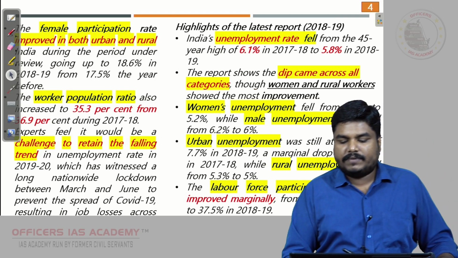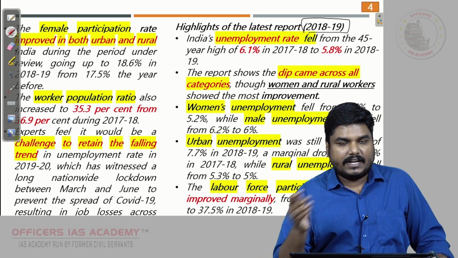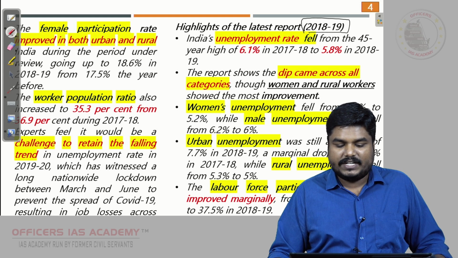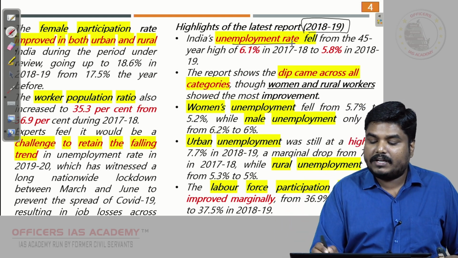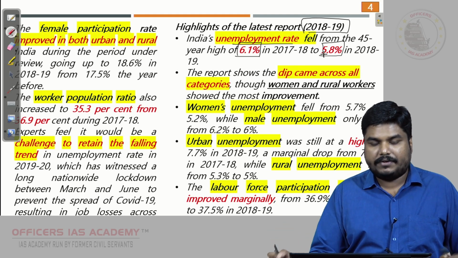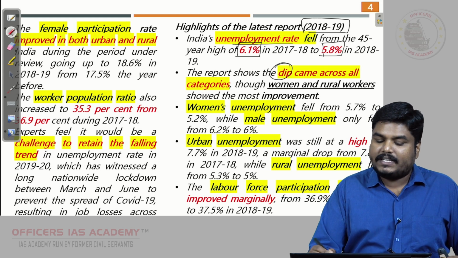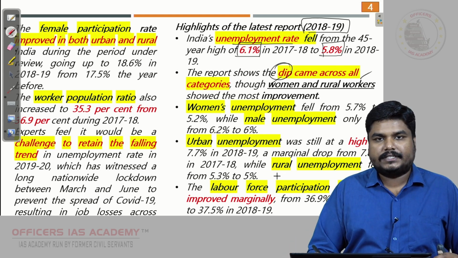In June 2020, the 2018-19 data was released. The report says India's unemployment rate fell from 6.1% to 5.8%, very good. The dip was seen in all the categories, among women and among rural workers.